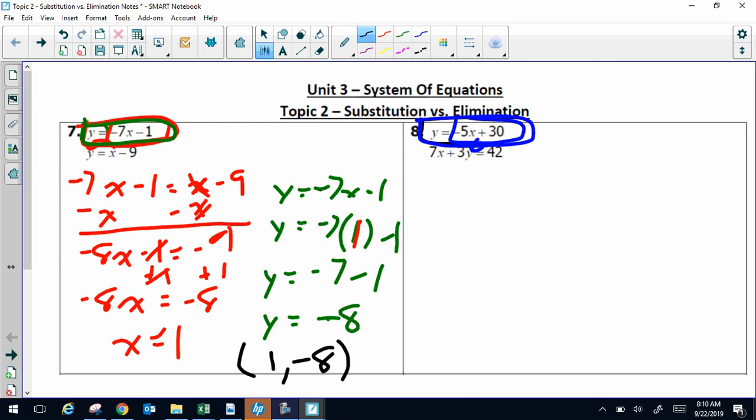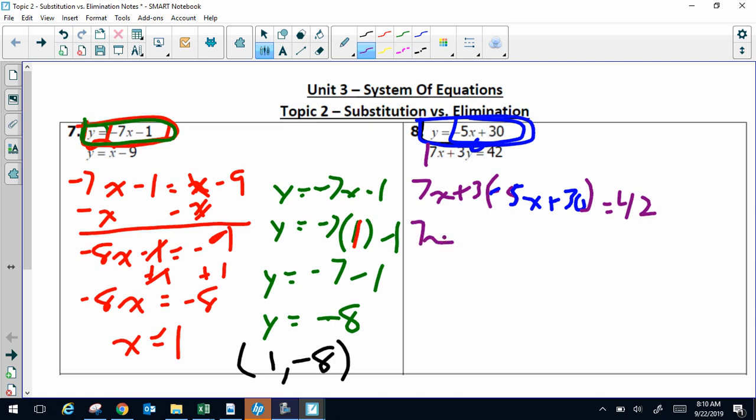So it'll be 7x plus 3 times the equation we just have, which is negative 5x plus 30 equals 42.